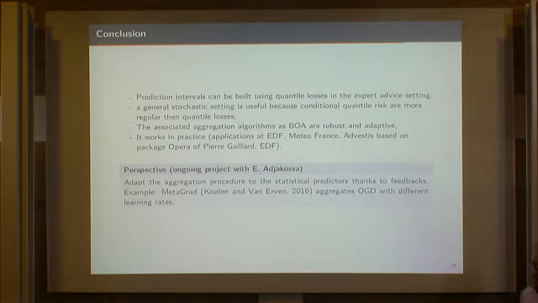But if you change the objective and you want to predict high quantiles, then it makes a difference, because first, it's not so simple to find good experts, and second, the problem is more difficult, so the fluctuation of the algorithm itself can pollute the accuracy of the prediction.